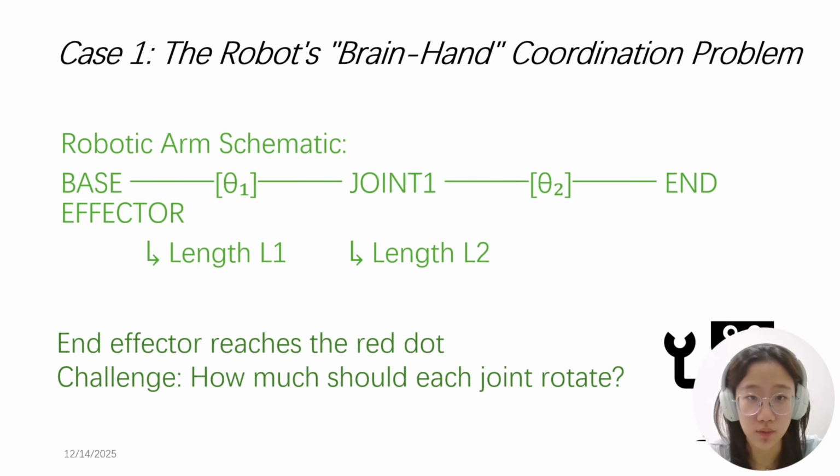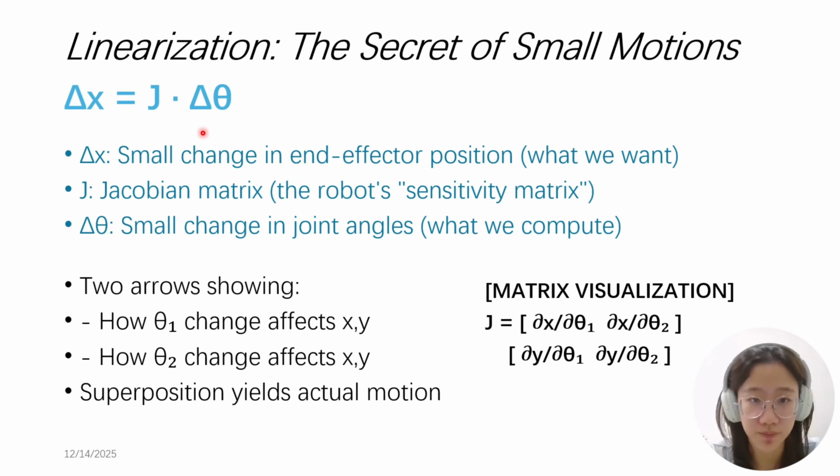The relationship between angles and position is actually nonlinear and very complex. However, engineers have a secret weapon called linearization. Look at this equation: delta x equals J multiplied by delta theta. Here, delta x is a small movement we want, and delta theta is the change in angles.